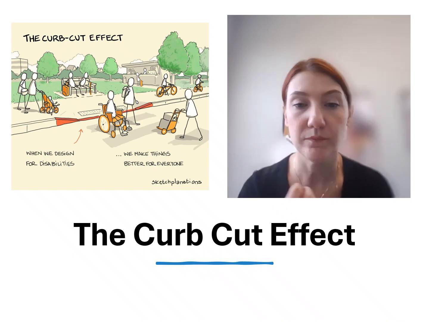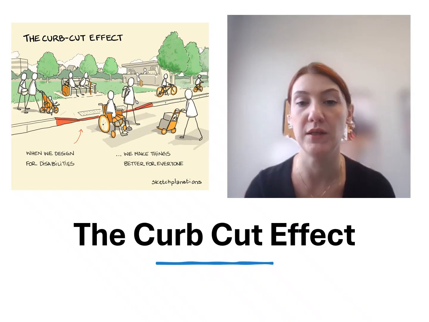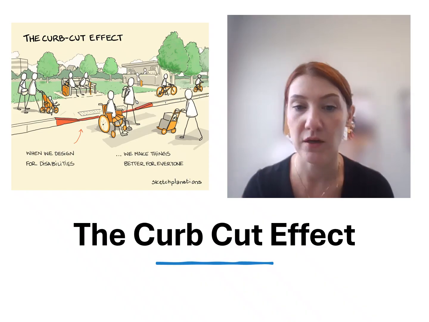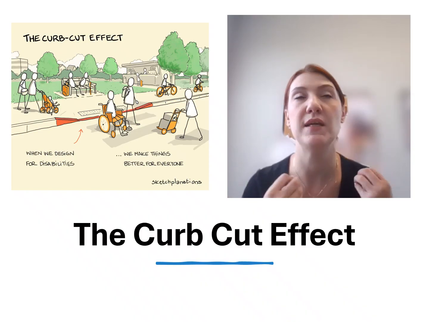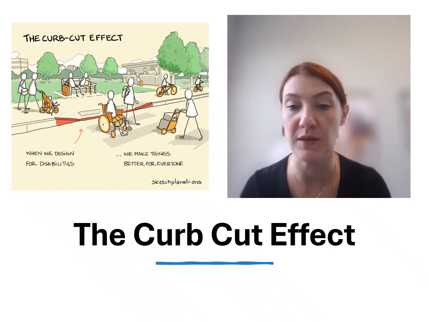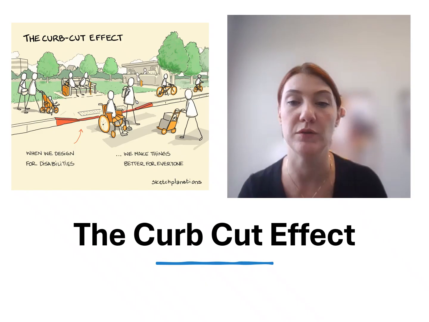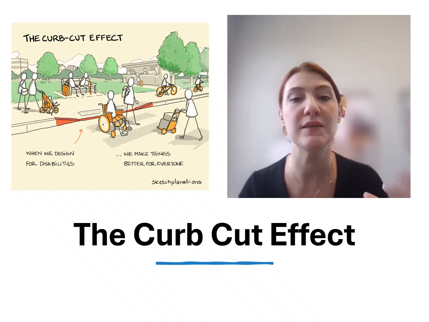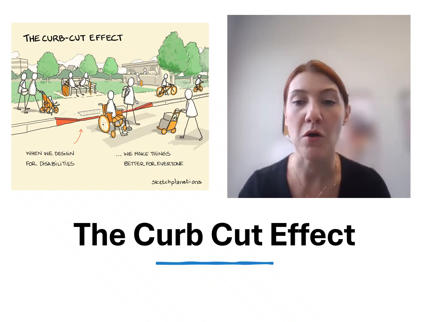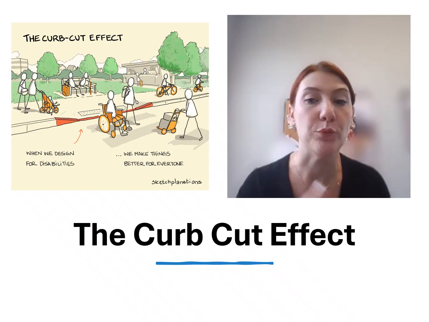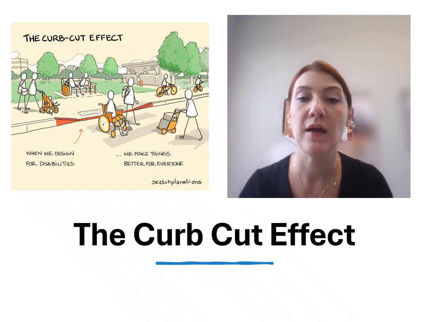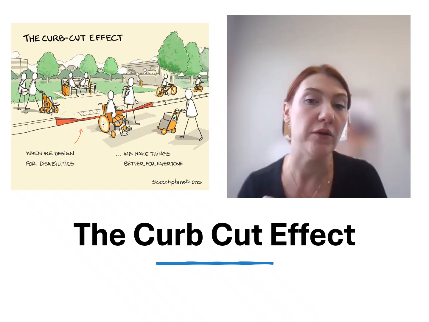And so the idea that's illustrated here, the curb cut effect, exemplifies the idea that when we design a space to be accessible for a person with disabilities, such as the individual here who's using the wheelchair, actually we make things better for everyone. We're allowing all of these individuals who maybe are wheeling something, on a bike, have luggage, to also have better access.